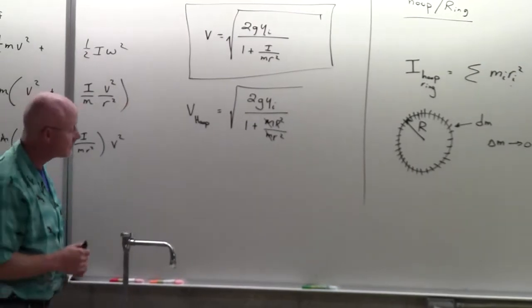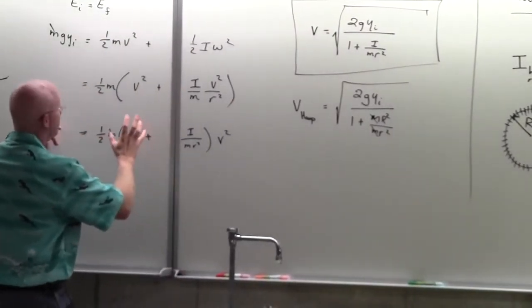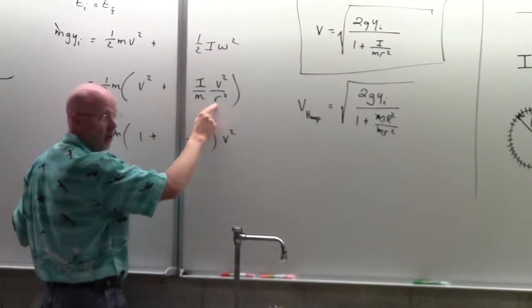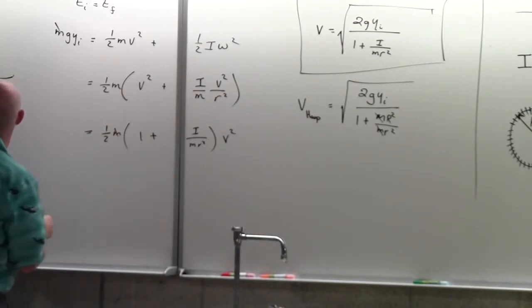Okay. And then likewise, back here in this part of the problem, I had used a lowercase r, and lowercase r was the radius of that hoop.